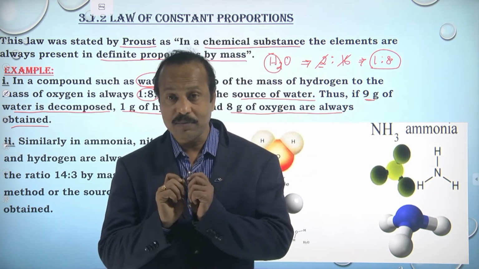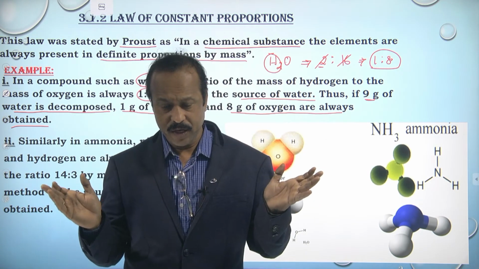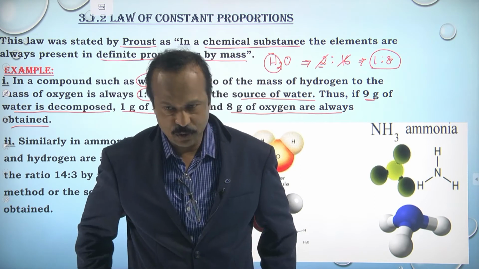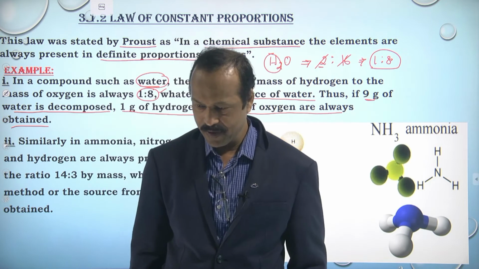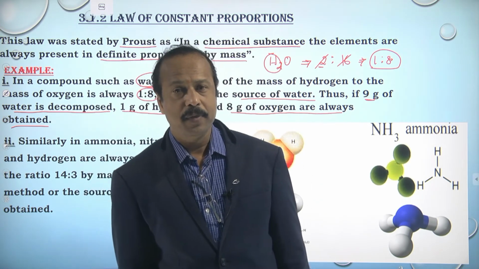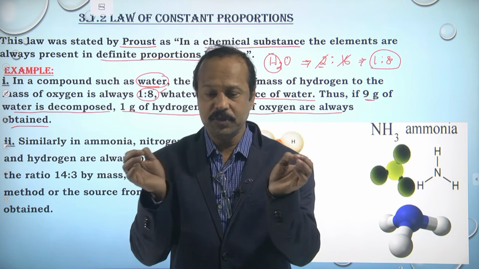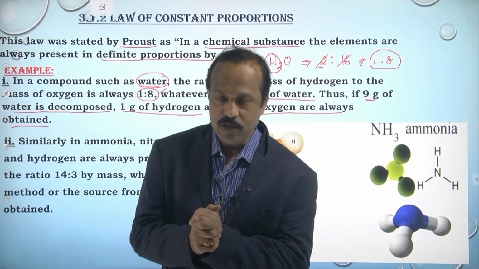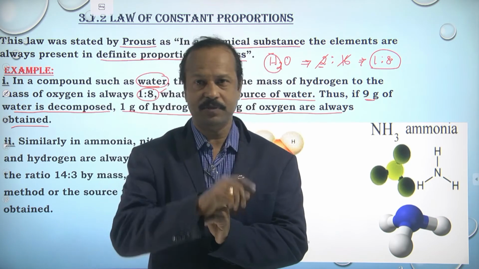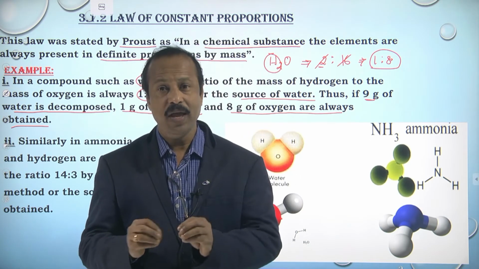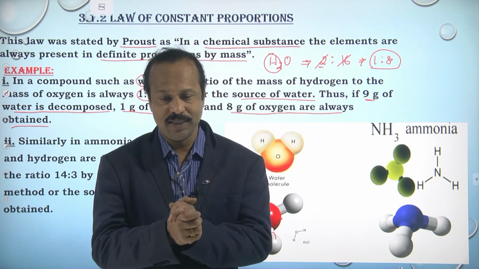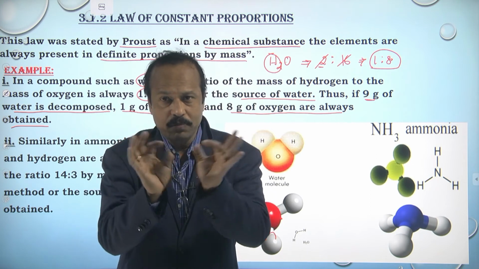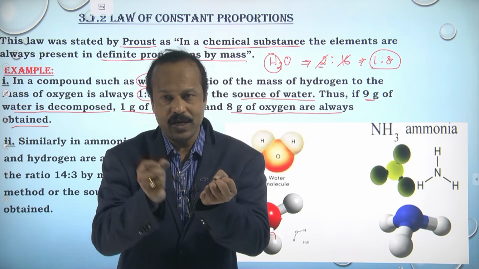And you do electrolysis. Do you know electrolysis? Electrolysis of water, I think you might have studied somewhere in lower classes. If you pass electricity through water, it decomposes into hydrogen and oxygen. So, if you take 9 grams of water and subject it to electrolysis, this water breaks into hydrogen and oxygen.